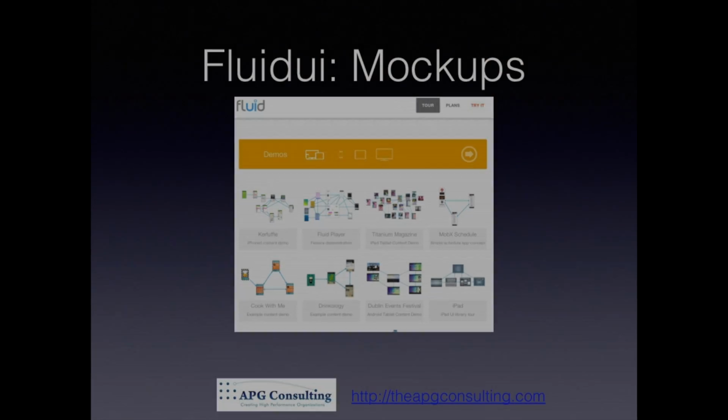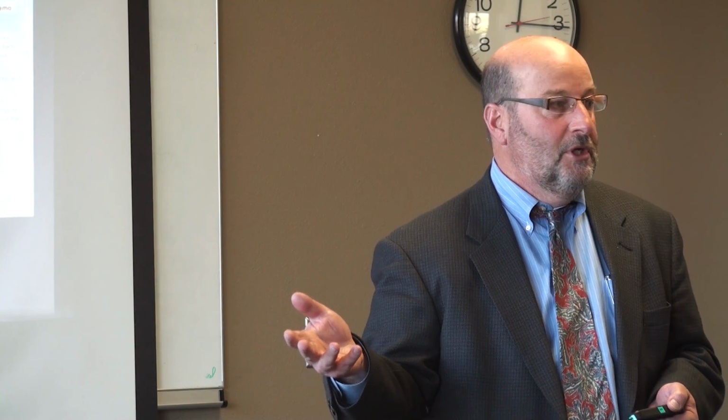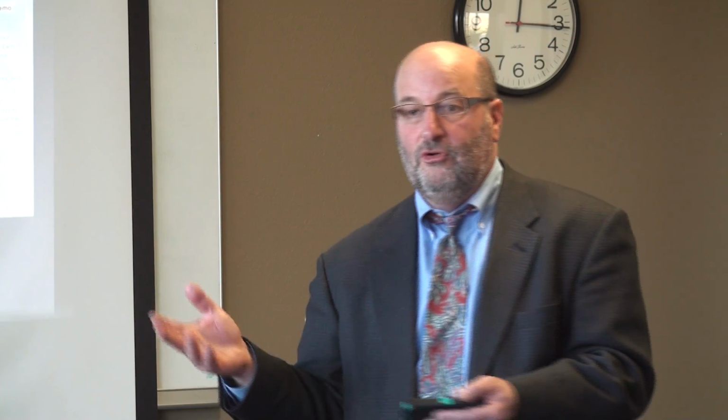They'll have all sorts of prototypes that they provide you, so they've got templates that you can purchase. It's not that much money. Here's another one called Fluid UI, and this allows you to do mock-ups. And if you don't want to go any of those routes, there are companies selling templates for under $700 or $800.